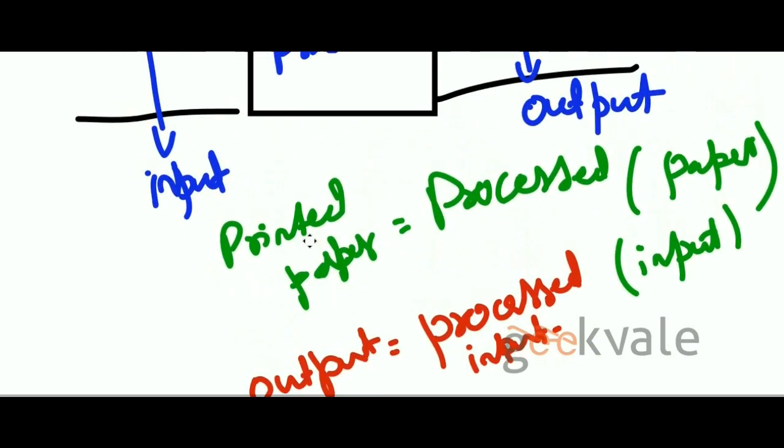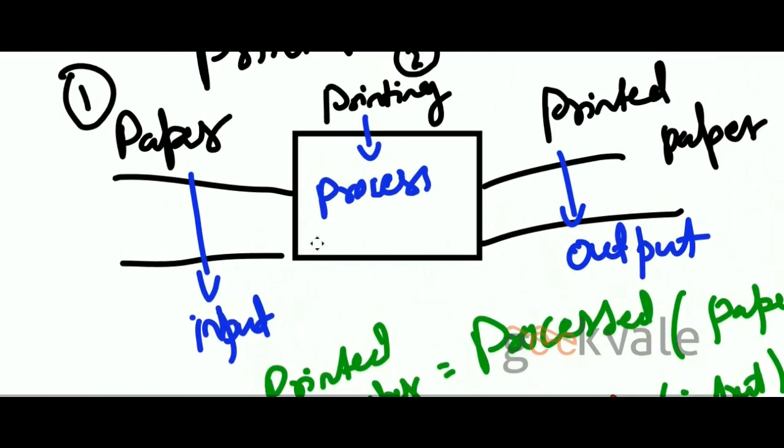Now what is the independent and the dependent variable? Over here, I can pick paper by my own choice. I can pick photo paper, I can pick 60-gram paper, I can pick 70-gram paper, and the printed paper comes out irrespective of what kind of paper I'm picking. That means, as I mentioned earlier, the quality of the printed paper depends on what I pick here.